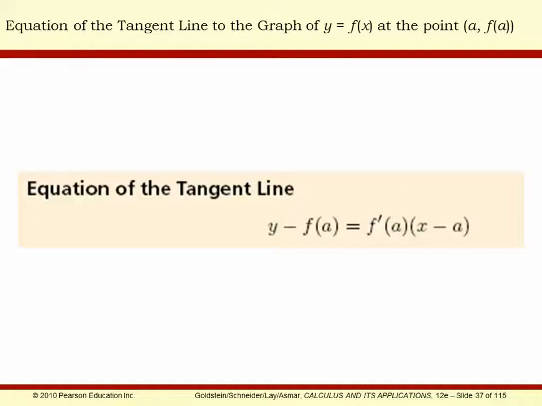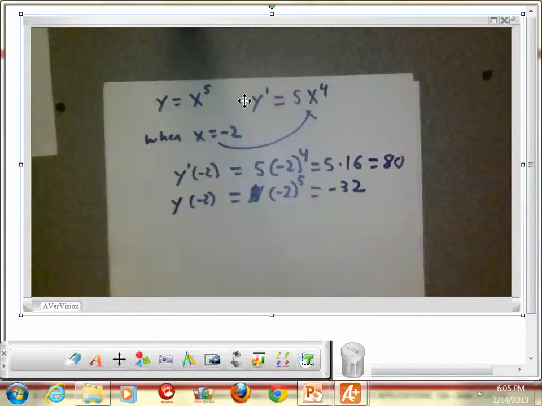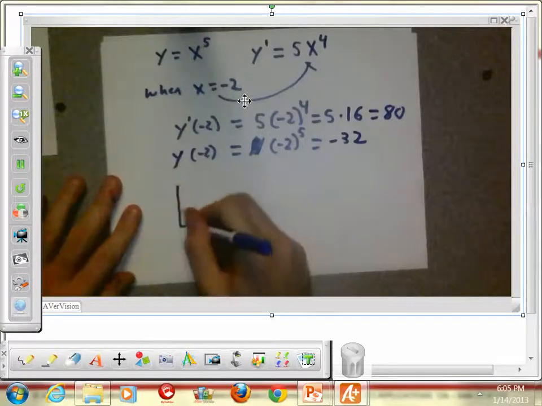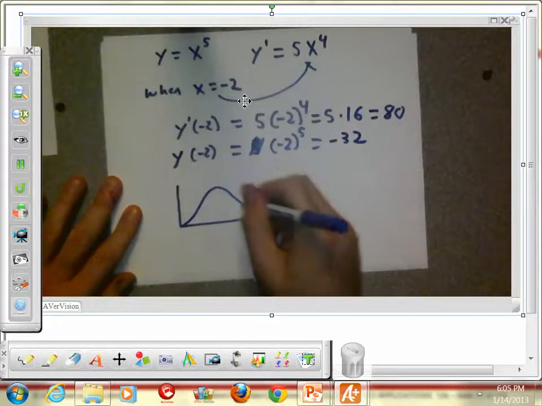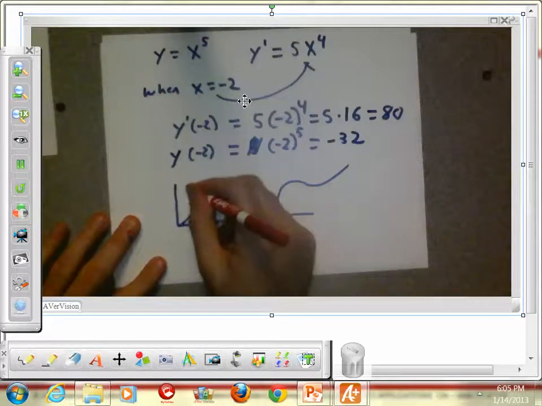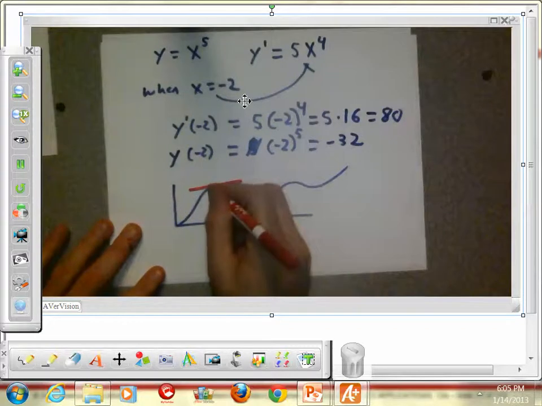Okay. So maybe I should hop back to the slide, but the idea of the tangent line was that if we had something that wasn't a straight line, something that looks like this, we'd say, well, I don't know how fast the curve is changing at a particular point in time, so what I would do is I'd estimate it by drawing a line.